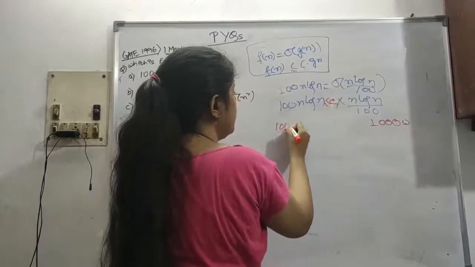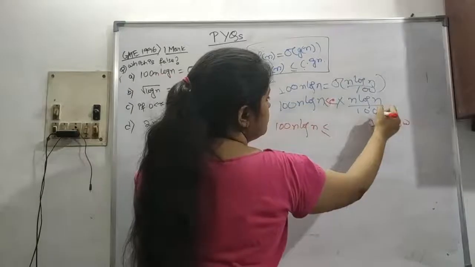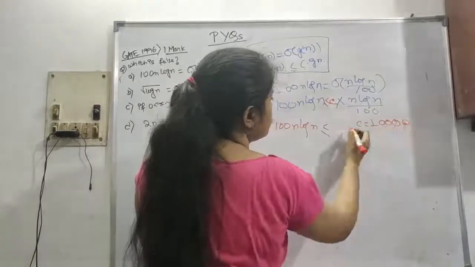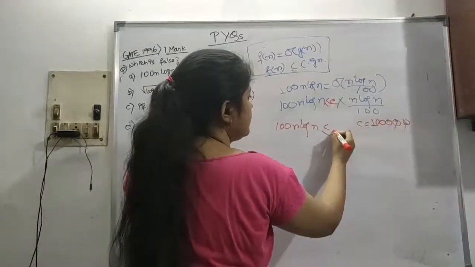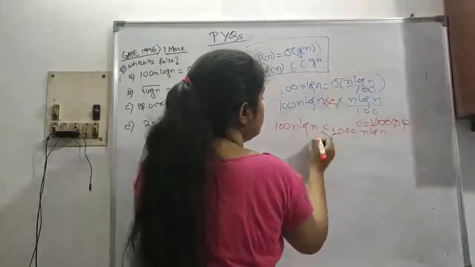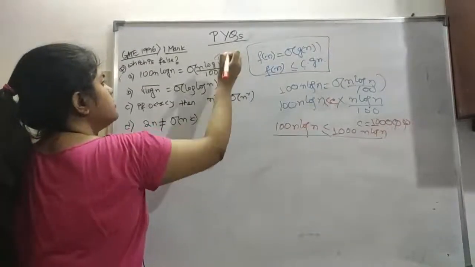The two zeros cancel out, and so this is our bounding function, so this is true.